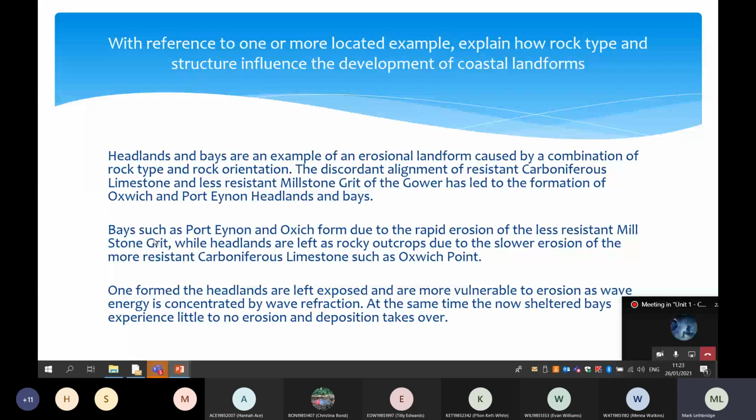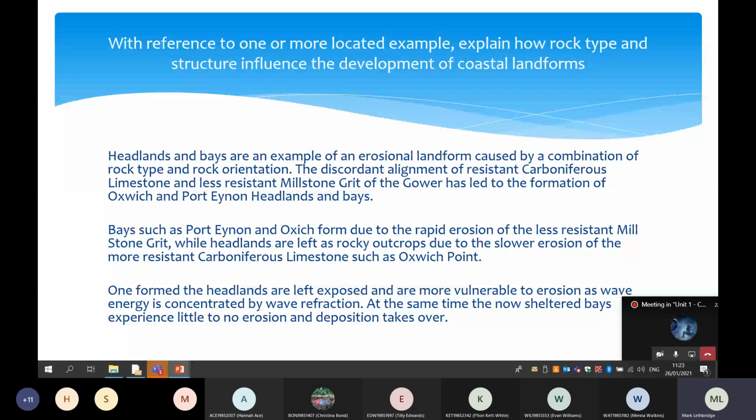All I've done is named the bays, and instead of just having less resistant rock, I've named what that rock is. Second part of this sentence after the comma is the second section. I've just said that the more resistant rock is Carboniferous limestone, and that creates things like Oxwich Point. I've named the landform of the headland.